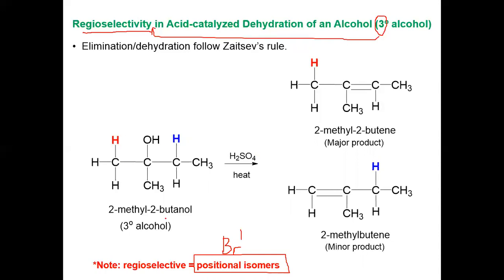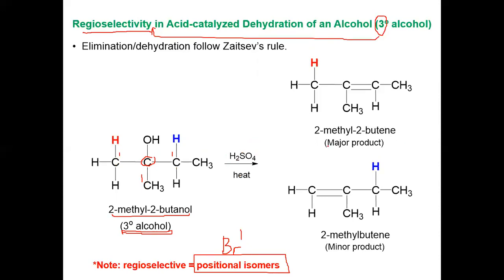Okay, for this example, we have 2-methyl-2-butanol. So ni, OH ada attachment kat sini. So dia ada 1 jiran, 2 jiran, 3 jiran. So this is a tertiary alcohol. So when it dissolves in acid with heat, so alcohol ni boleh convert menjadi alkene.